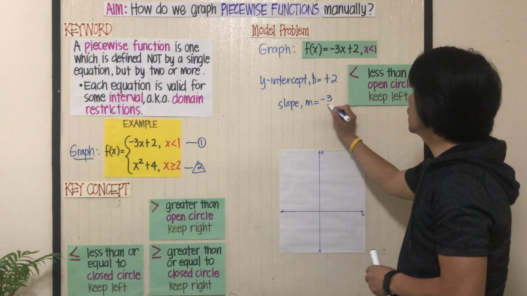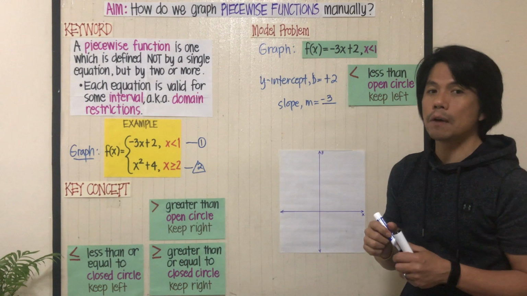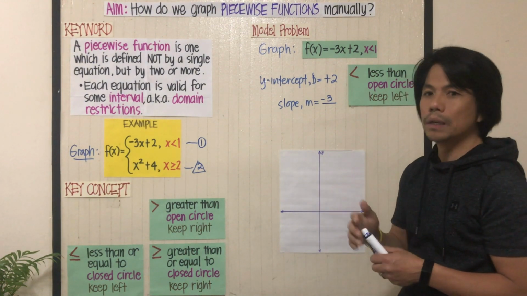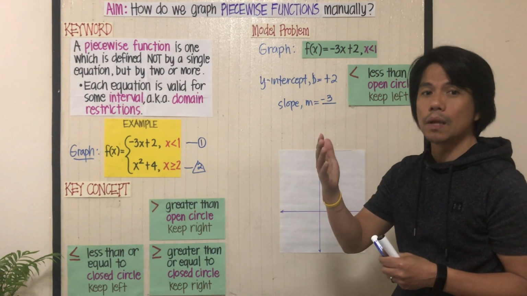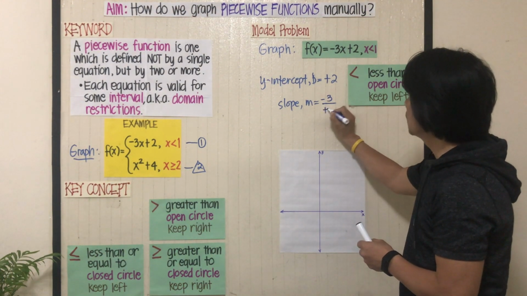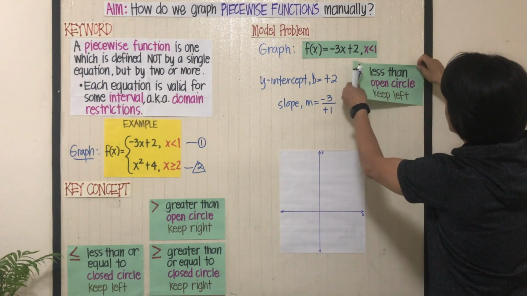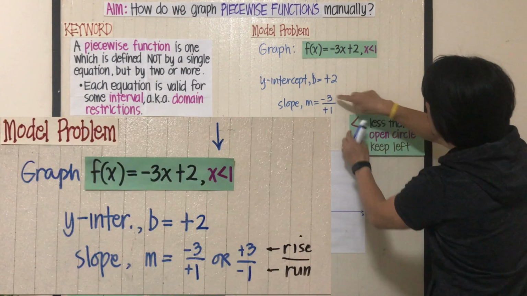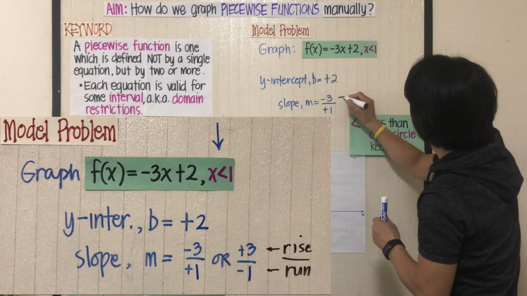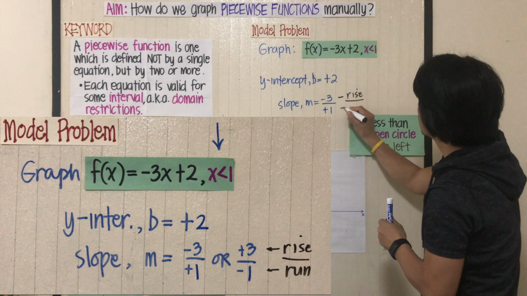But we have to write it as a fraction because, as you all know, when we graph a line, the slope is rise over run. So it's negative 3 over positive 1. This is our rise over, that is our run.